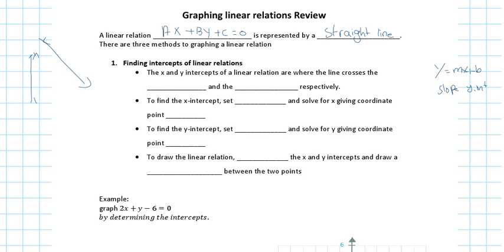There are three methods that we use to graph linear functions. One method is by finding the intercepts of a linear equation. Let me add the page. Do you guys remember what this is called?